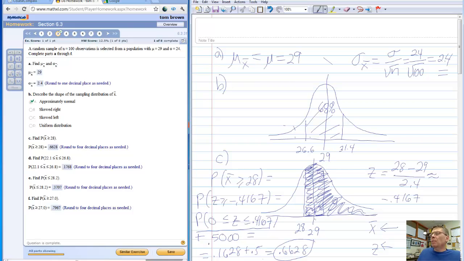So this tells me that if I draw a random sample of size 100 from this population, the probability that the mean of that sample will be greater than 28 is approximately 0.6628.